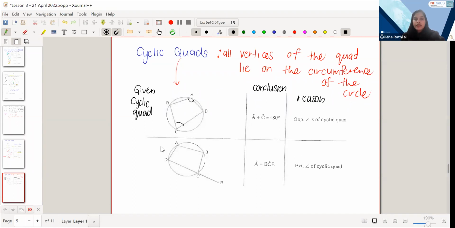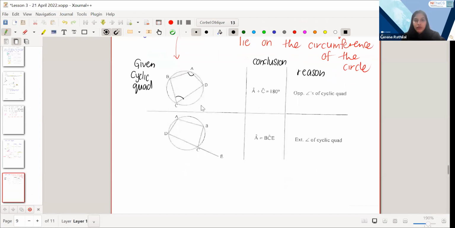The second result that we have is that if you once again have a cyclic quadrilateral, but we've got this line extending to a point outside the circle, in particular it's going to E, then once again you're given the cyclic quad, and you can conclude that angle A is equal to angle BCE.